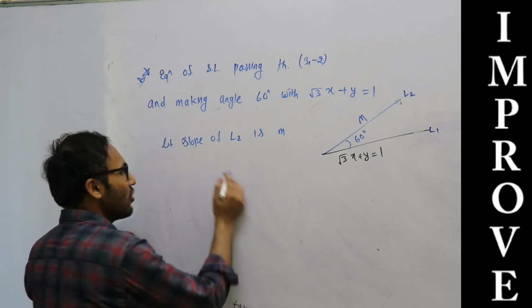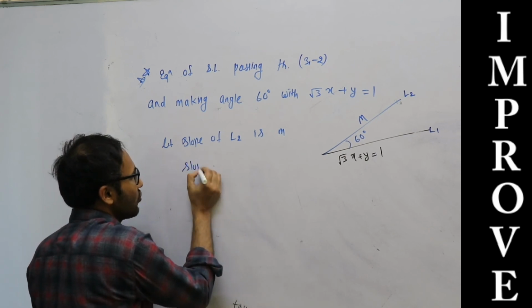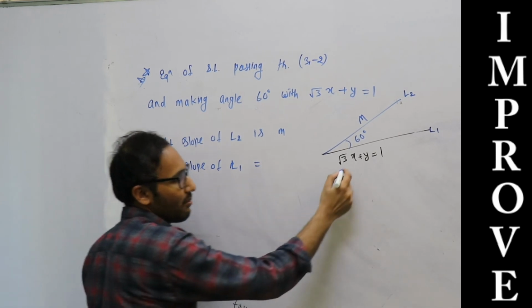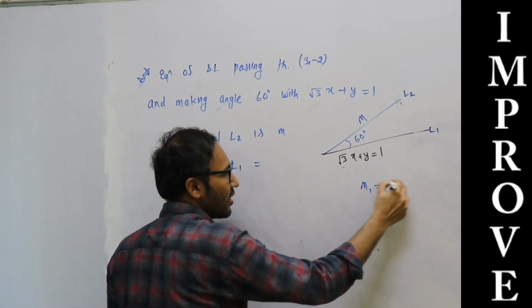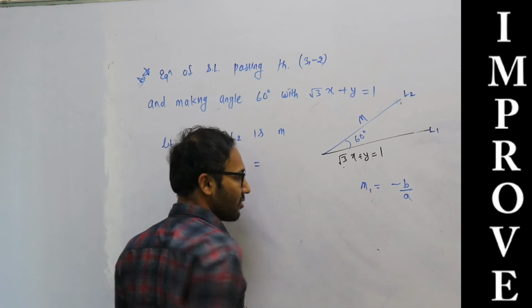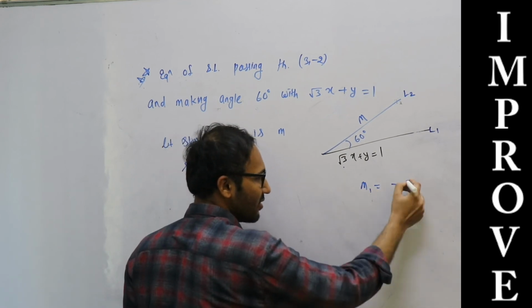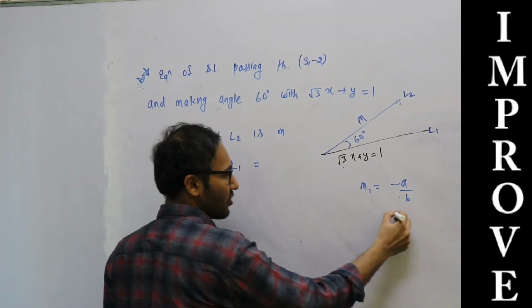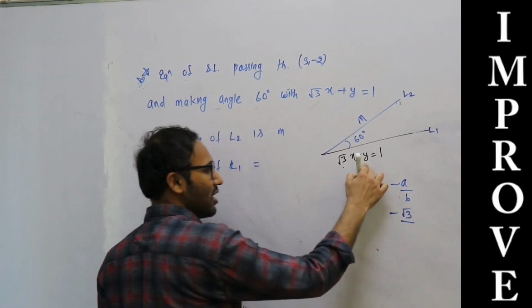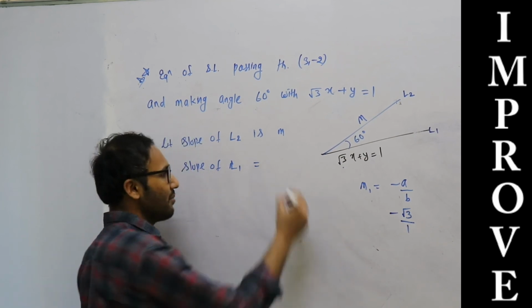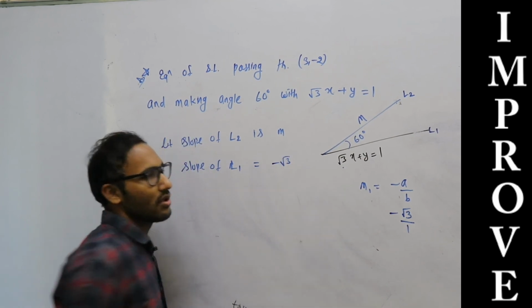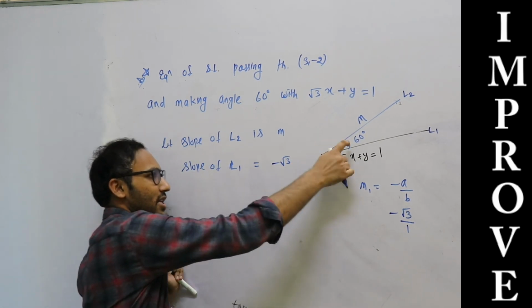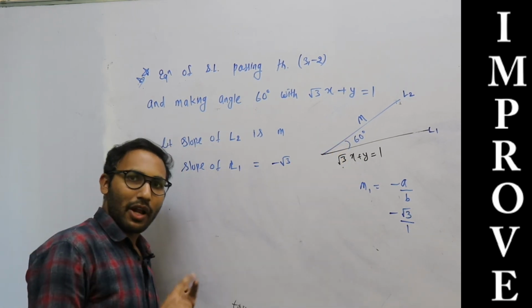Can you calculate the slope of L1? It will be minus a by b, and the value of a is root 3, and b is 1. So the slope is minus root 3.